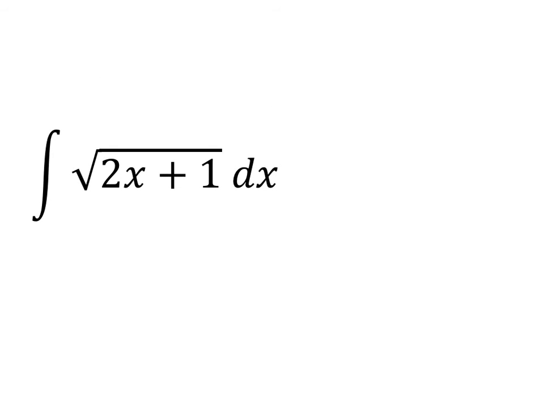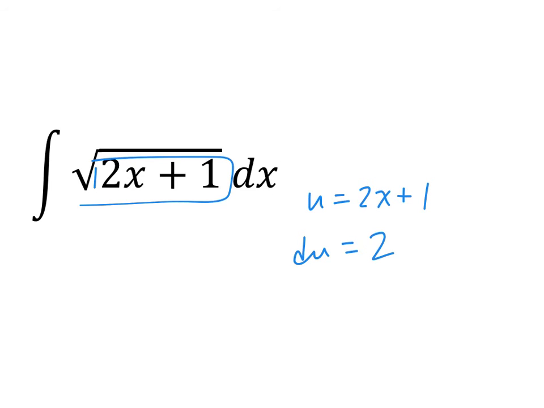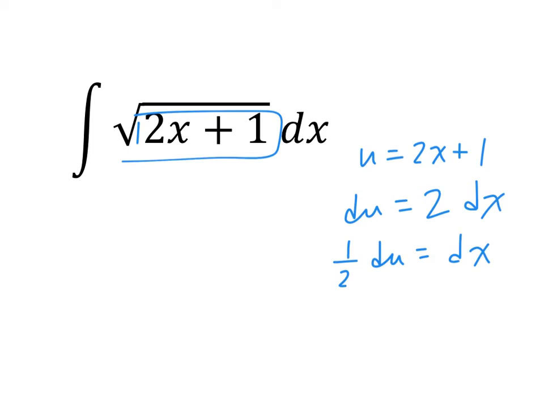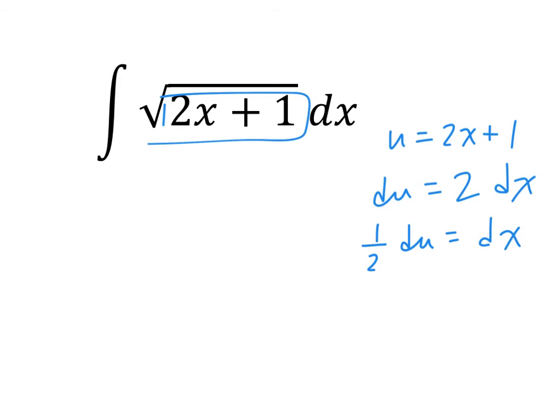The hardest part is going to be this part, 2x plus 1. So u is 2x plus 1, and du is 2 dx. So I don't want the 2, I'm going to divide by 2. So 1/2 du is dx. I'm going to always put the coefficient outside. So this becomes 1/2 the integral of square root u du.